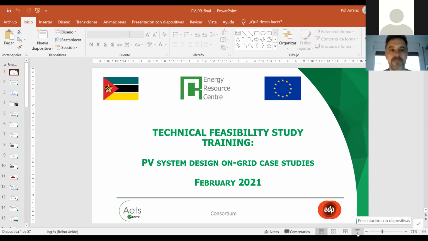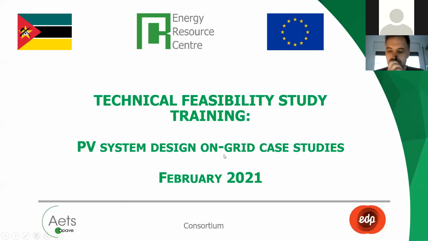Today we have prepared a session that is going to be mostly around the case of small or medium grid connected PV systems. We also call them rooftop PV systems because they are normally installed on the roofs of existing buildings.